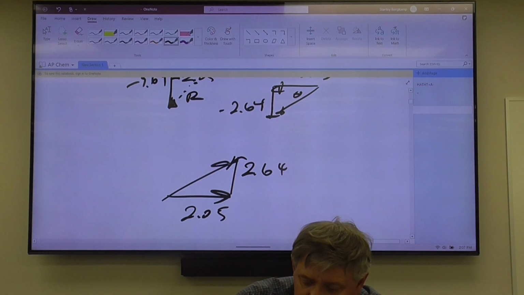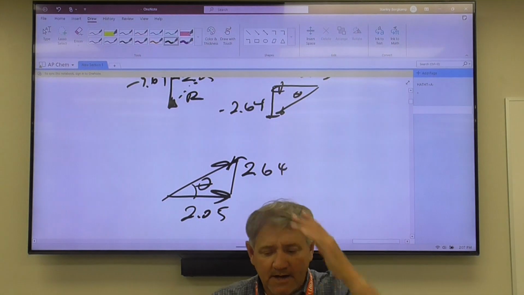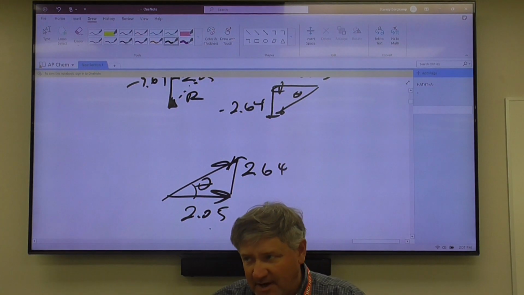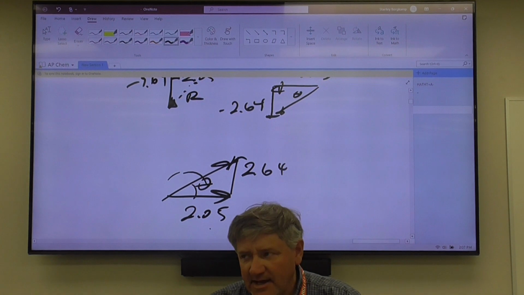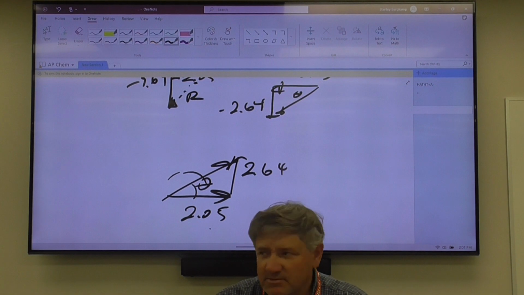I know the side opposite is 2.64. I know the side adjacent is 2.05. What trig function could I use to find that angle? No, you don't use sine, because I don't know the hypotenuse.